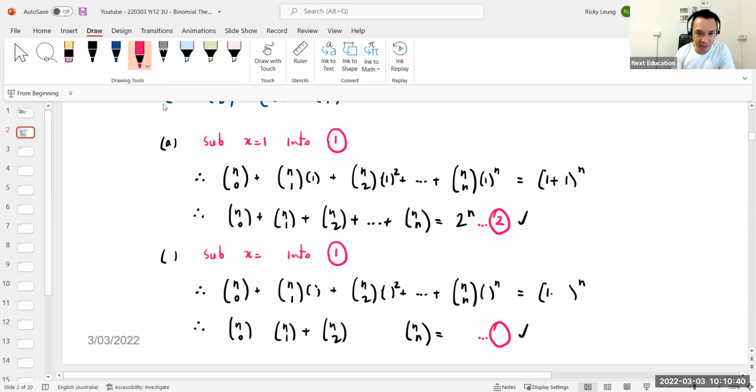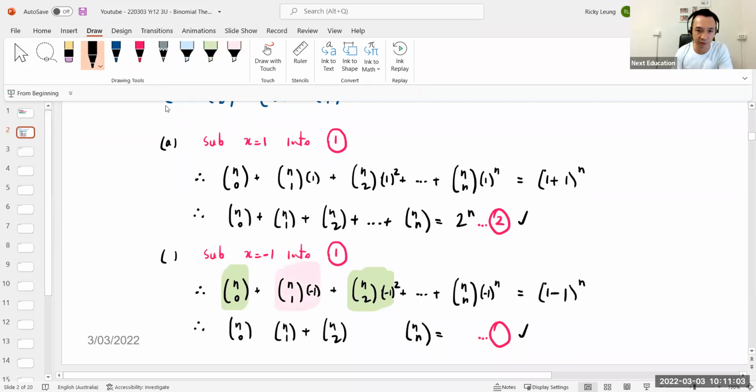So sub in x = −1 into the same expression. Because then what you get is −1 there, −1 there, −1 there, and 1 plus −1. And then what we find is that every time it's even powered, it's positive. Every time it's odd powered, it's negative.